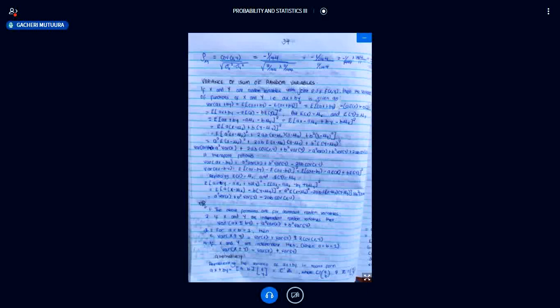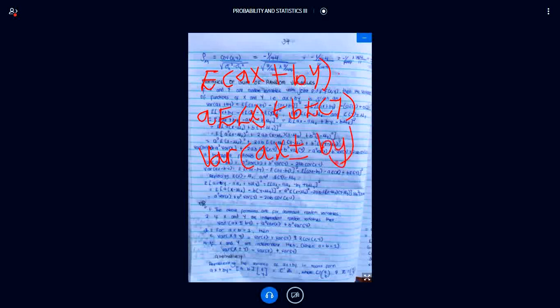This is similar to what we were looking at when we were looking at the expected value. Oh no, I've been talking to myself all that time.